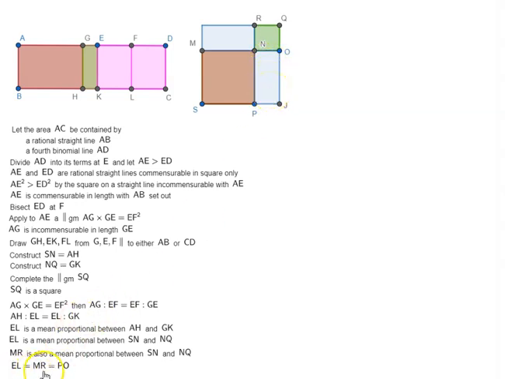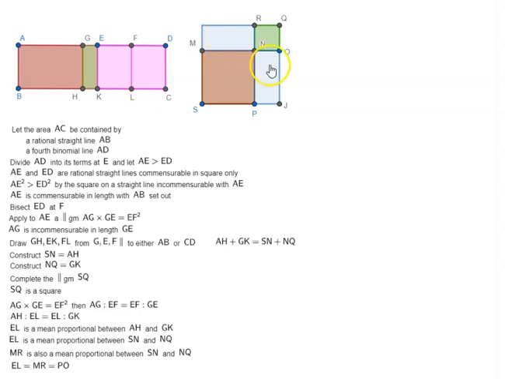That means EL equals MR equals PO. AH plus GK is equal to SN plus NQ, because AH is equal to SN and GK is equal to NQ. These two rectangles are equal, and these two are also equal because F is the midpoint of ED.